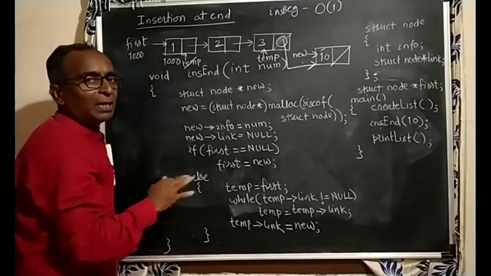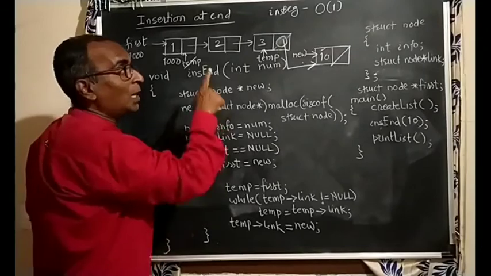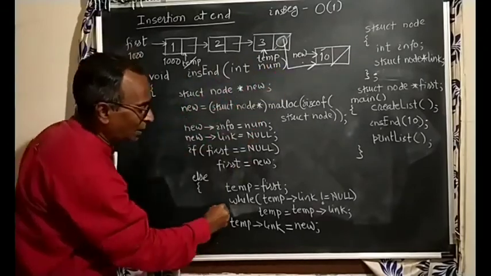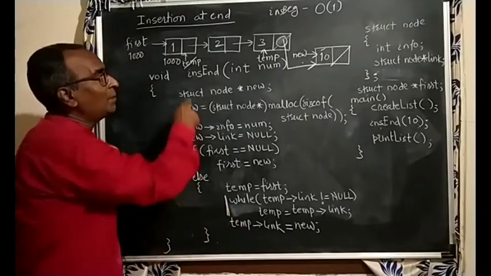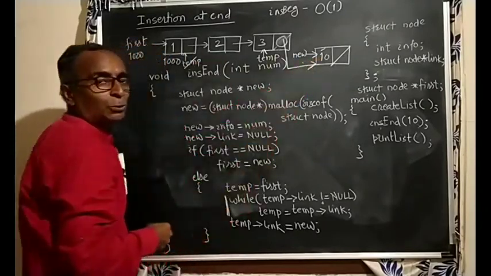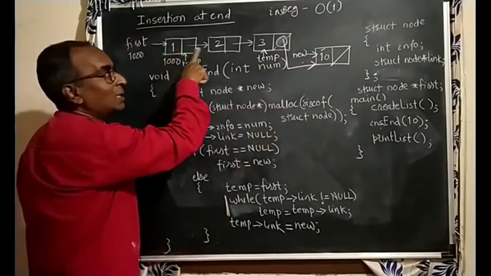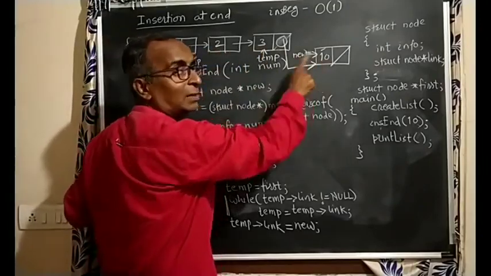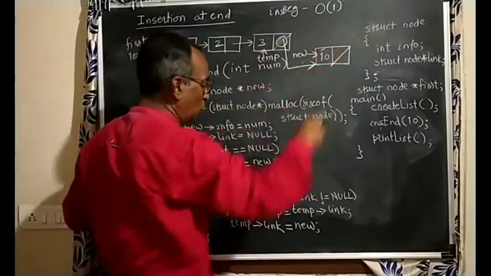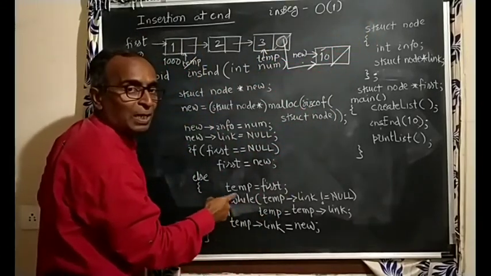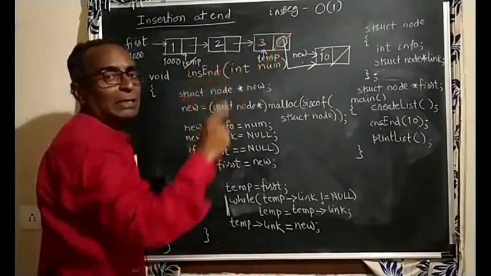But insertion at end, if you see, you have to find out last node's address. This loop, how many times will it be executed? If n nodes you are assuming, it will check: is it last, is it last, is it last. If suppose 1000 nodes are there, 1000 times this loop will be executed. So it depends on the length of the linked list.